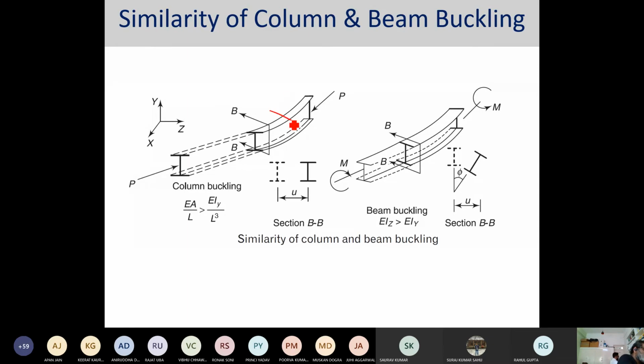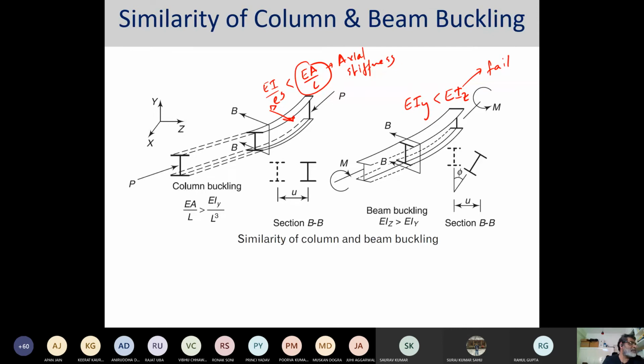This means that your stiffness in this direction, which is EI by L cubed, has to be less than EA by L, which is the axial stiffness. Otherwise, your beam will crush before it buckles. And the other one, EIY, has to be less than EIZ. Otherwise, the beam will fail before it buckles.